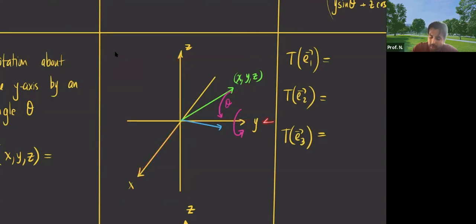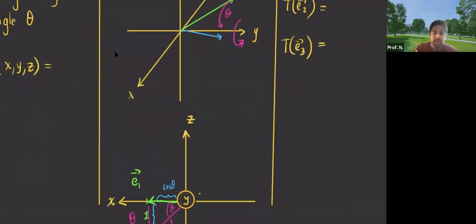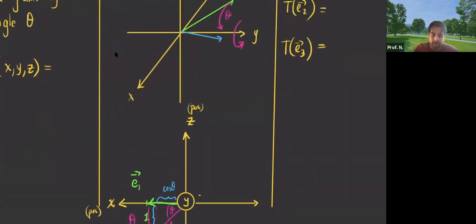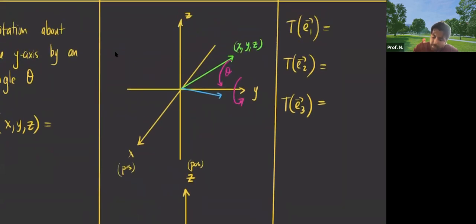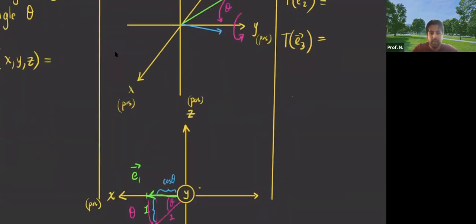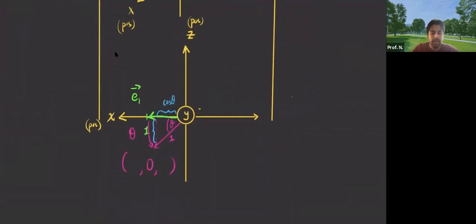Now I'm looking at the positive Y axis, which is coming out of the page. This is the positive X axis. This is the negative X axis. This would be the positive Z axis. This would be negative. So that's why I have this format here. So the X axis here will still be positive.